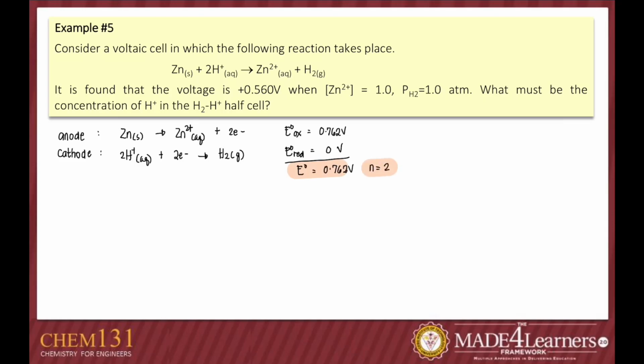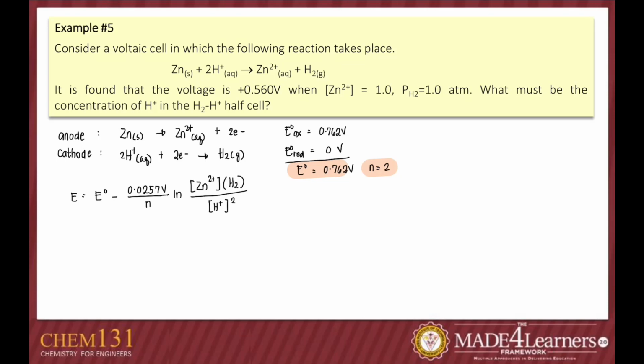So the Nernst equation: E is equal to the standard cell voltage minus 0.0257 volts divided by N, times ln of, from the given equation, the concentration of zinc in the numerator, multiplied by the pressure of the hydrogen gas, divided by the hydrogen ion concentration raised to the power of 2.